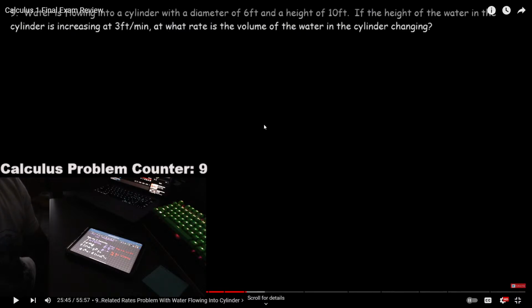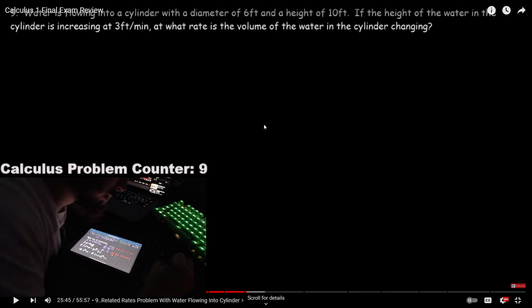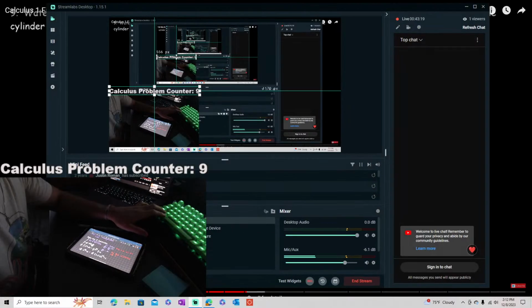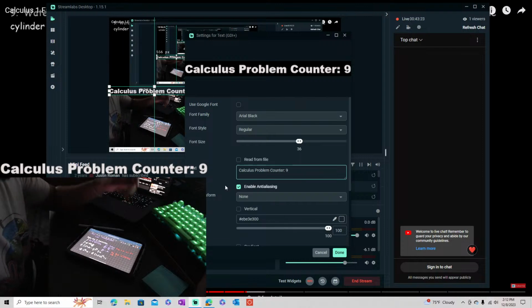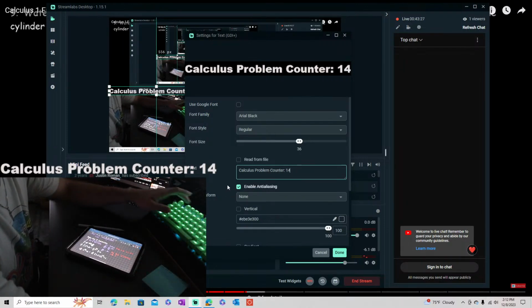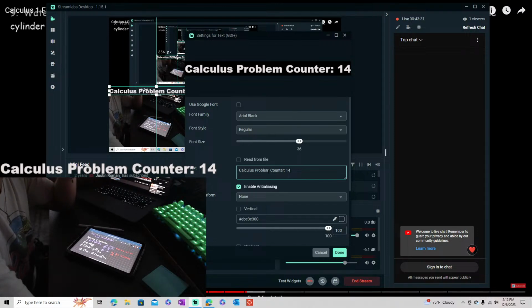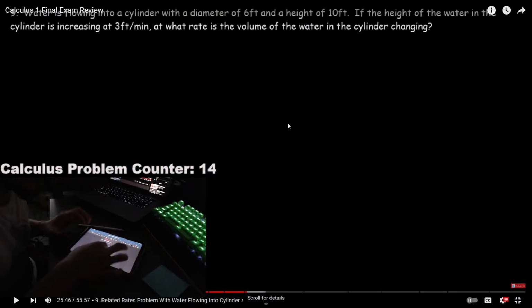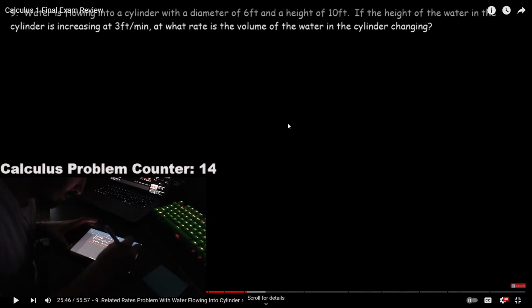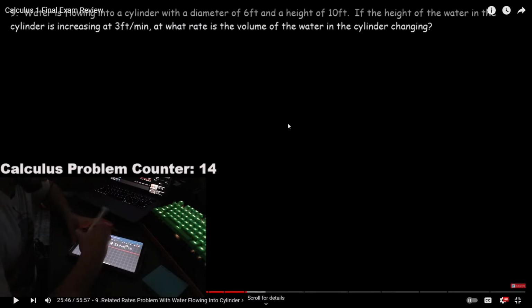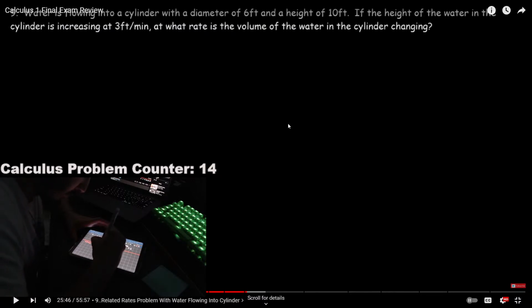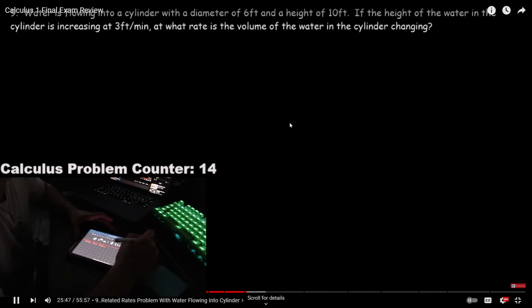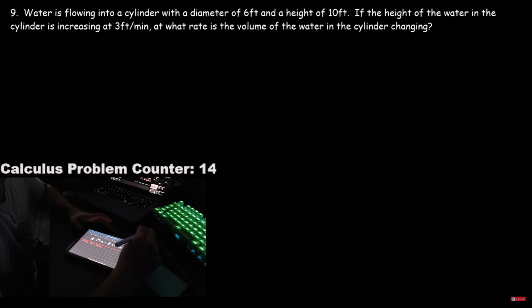If the height of the water in the cylinder is increasing at 3 feet per minute, at what rate is the volume of the water in the cylinder changing? This is a related rates problem.